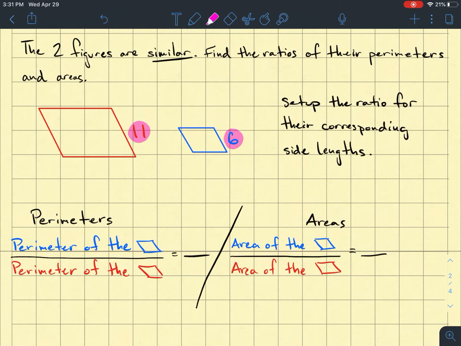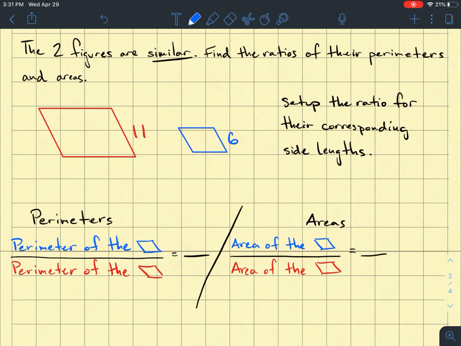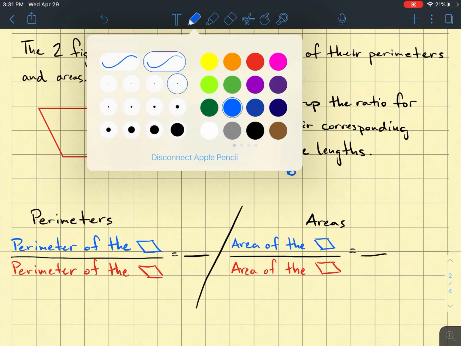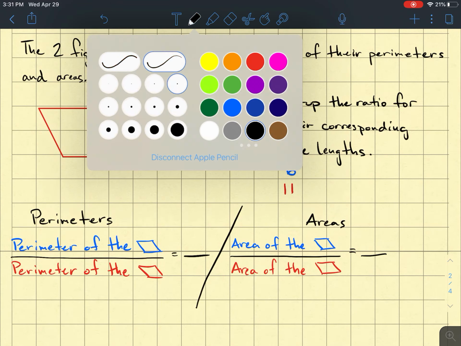And all we're going to do is set them up. Looking on the bottom, we have the blue on top here and the red on the bottom. So we're going to keep that same uniformity here. Let me erase the highlights. We're going to put the ratio of what goes on top, the 6, and on the bottom, 11.